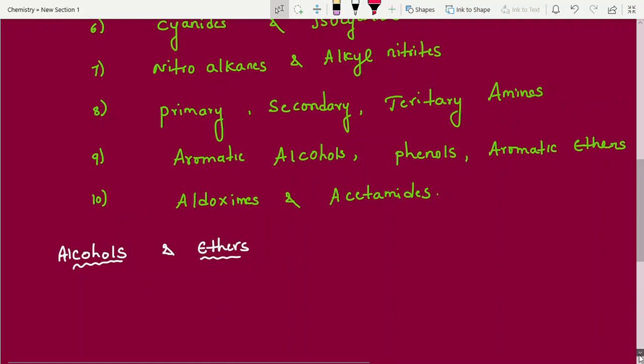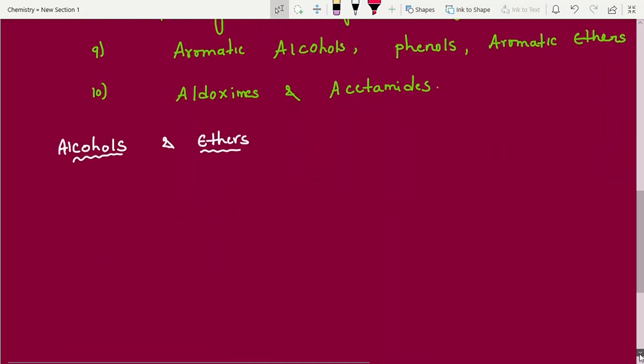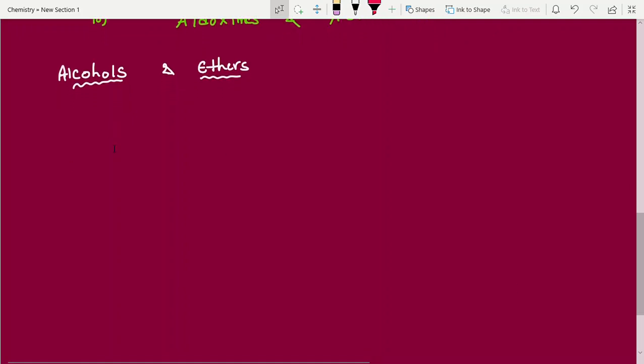Everybody knows what the alcohol functional group is and what the ether functional group is, right? Suffix names, prefix names, all points we have discussed. Alcohol is nothing but the OH group.